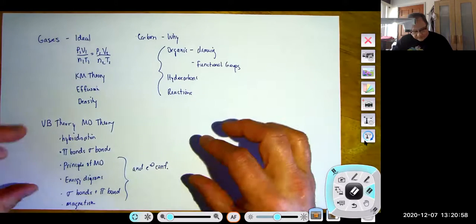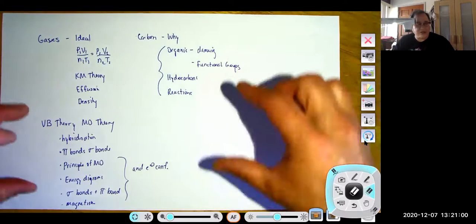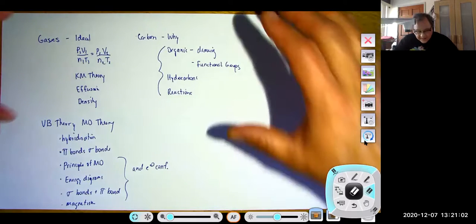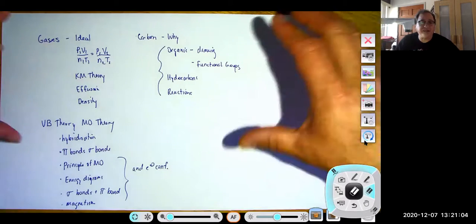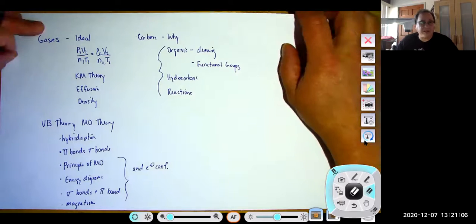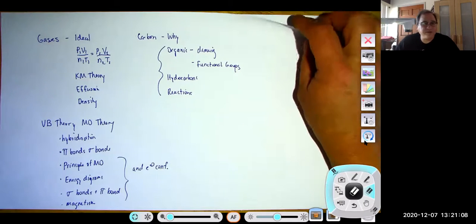So these are the big things that you will see on your chapter. This list may not be complete, but these are the big ideas from those 3 chapters that you want to be able to be pretty fluent with.